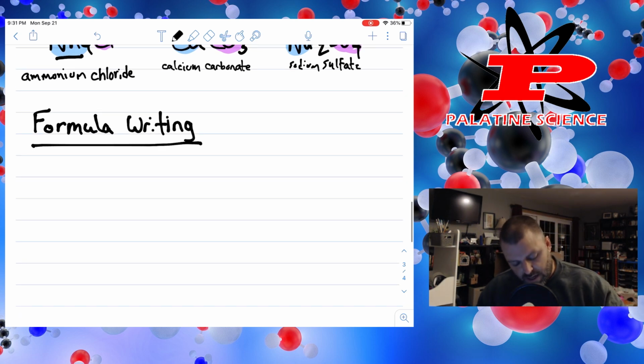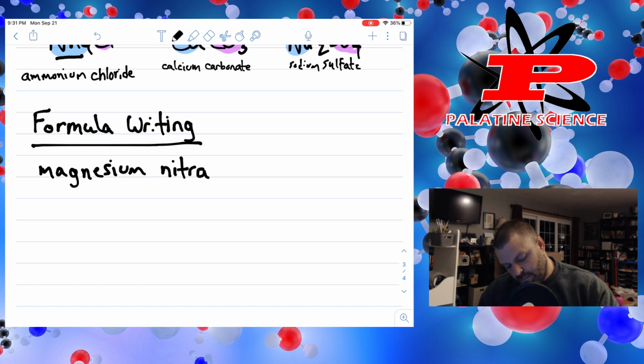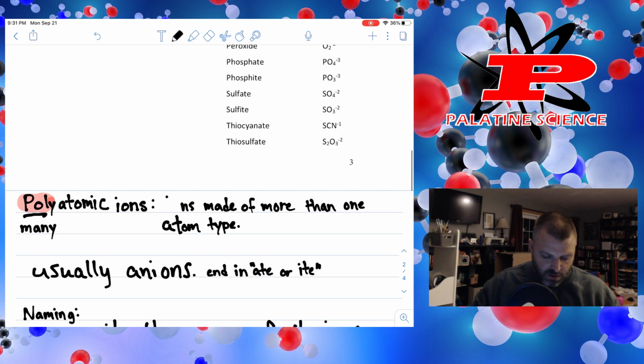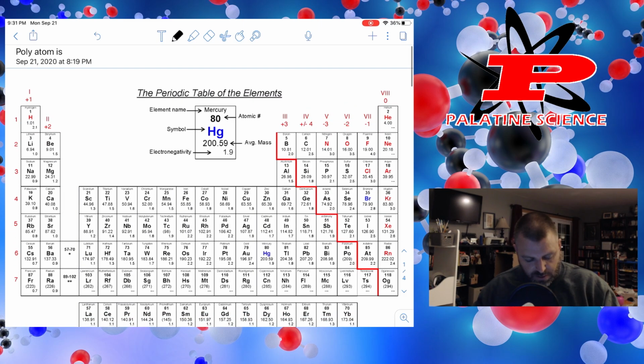But let's say I have a compound such as magnesium and nitrate. Okay, so what we have to do then is, just like in the other sections, we look up the ion for magnesium. We find ion magnesium. Here's magnesium right here. We look at the charge for magnesium.